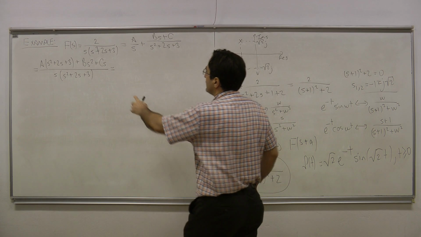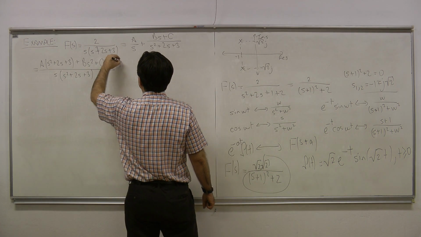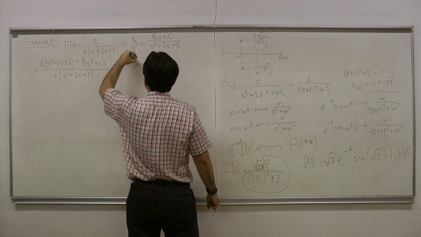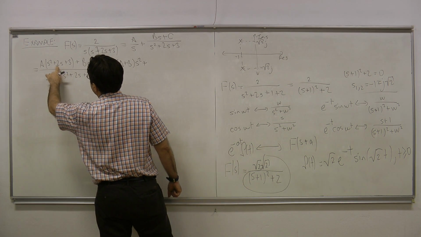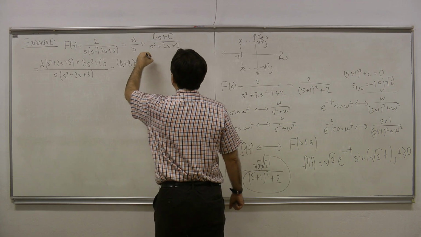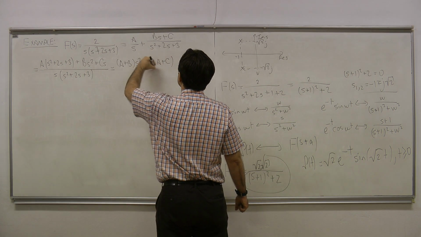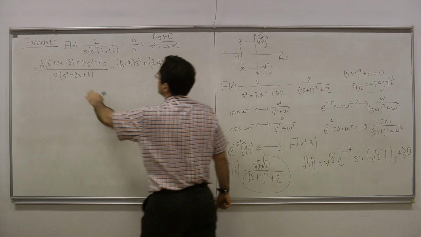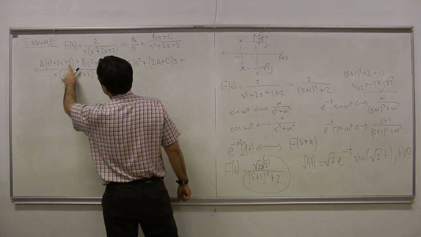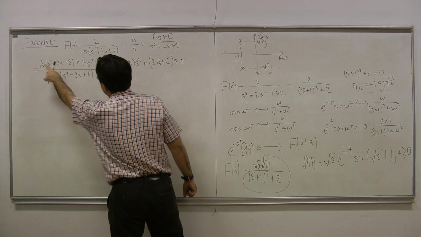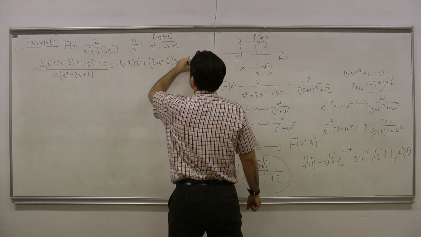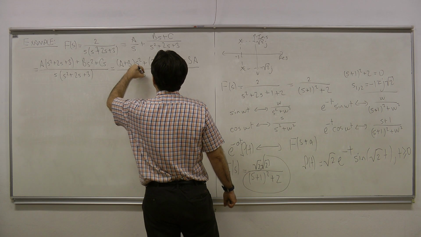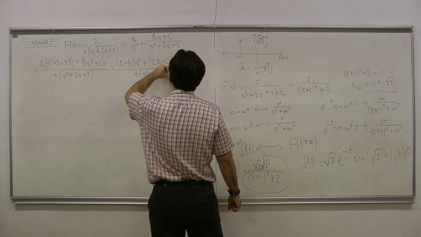Now let us calculate the coefficients. The coefficient of s squared is going to be a plus b, the coefficient of s is going to be 2a plus c, and the coefficient of s to the 0, which is 1, is going to be 3a, divided by s squared plus 2s plus 3.